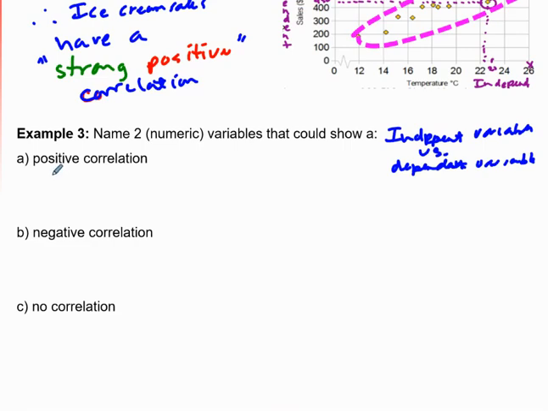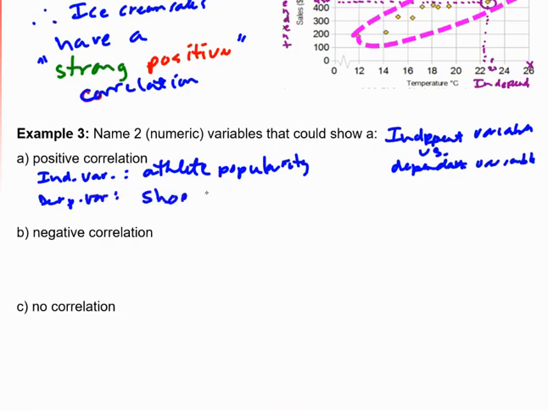So the independent variable is athlete popularity and the dependent variable is shoe sales. As the popularity of the athlete grows, they will sell more shoes, like LeBron James, or back in my day, Michael Jordan. Okay?